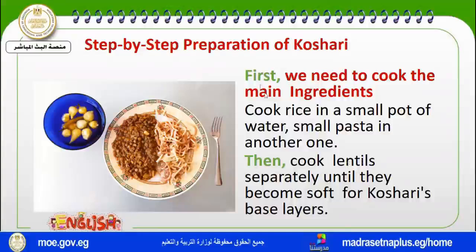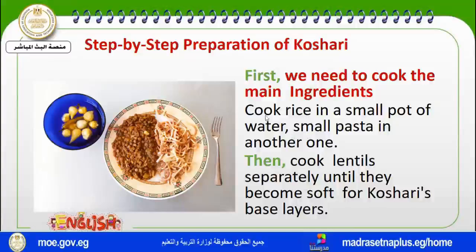First, we need to cook rice. How can we cook rice? We can get a small pot of water and put it on the oven, add the rice, and let it boil until it becomes soft.